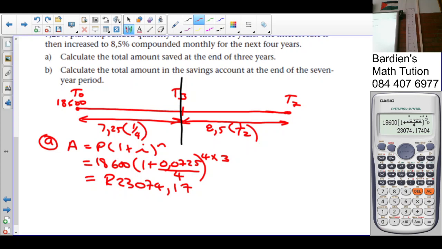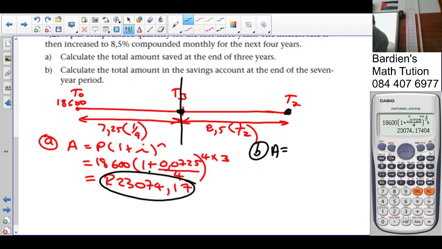Did you see that, people? Then what happens? If we want to know how much is in the account at the end of 7 years now, this is the principal amount, the amount that's lying at that point. You all understand that, no? So again, use the same formula, A is equal to P into 1 plus i to the exponent n.